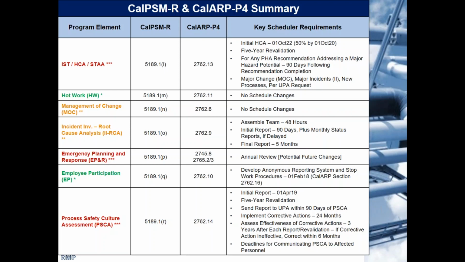It has a 5-year validation cycle, and then it needs to be implemented for any recommendation addressing a major hazard potential. You have 90 days to create a report following recommendation completion. And same thing for any major incidents, major change, new processes, or any time that UPA requests it.